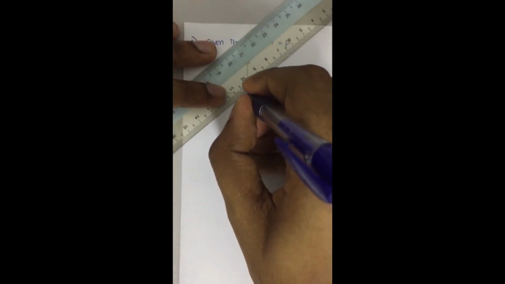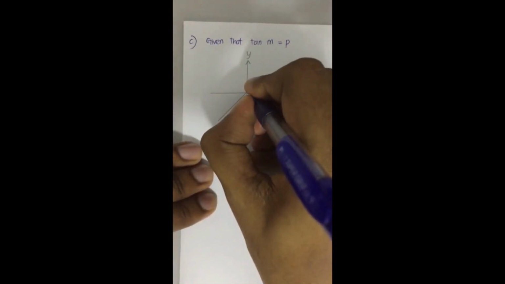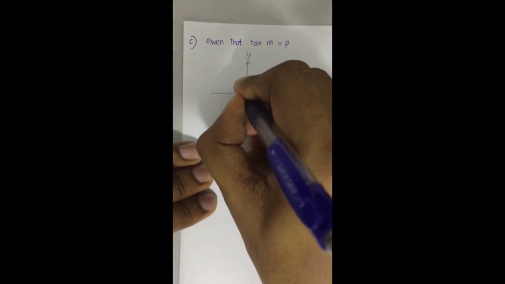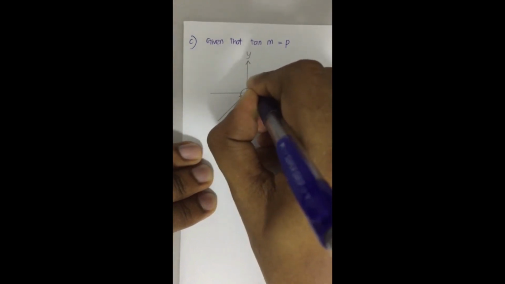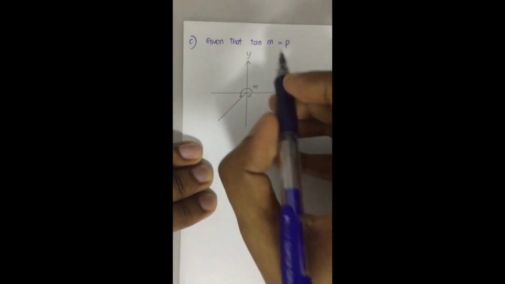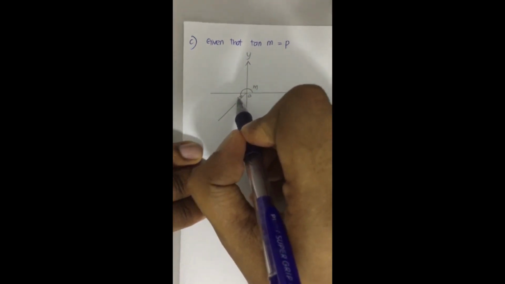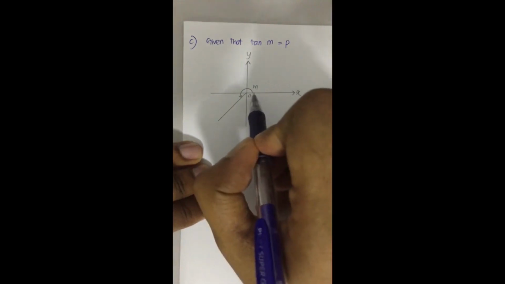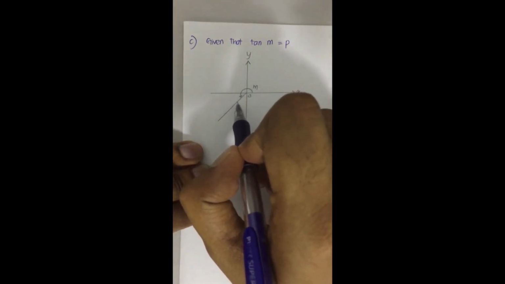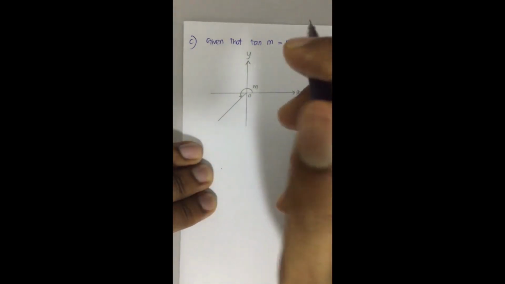Remember that your angle is reflex. So this is your angle M, and since tangent M is positive, the movement is counterclockwise, from the positive x-axis up until here.